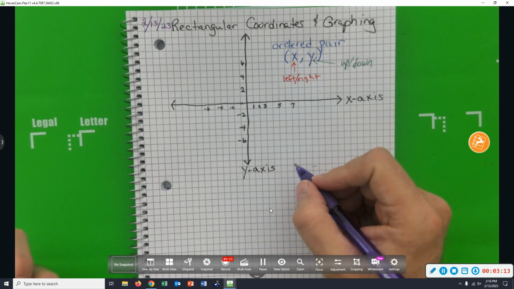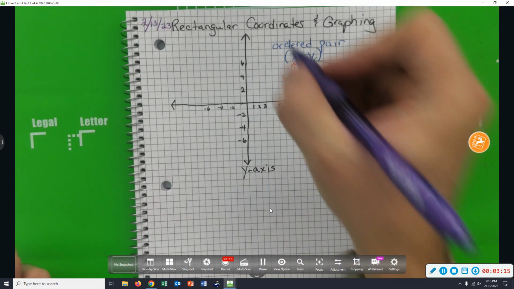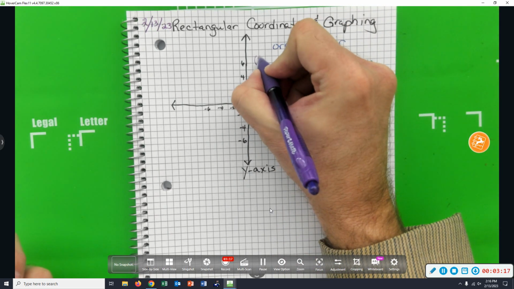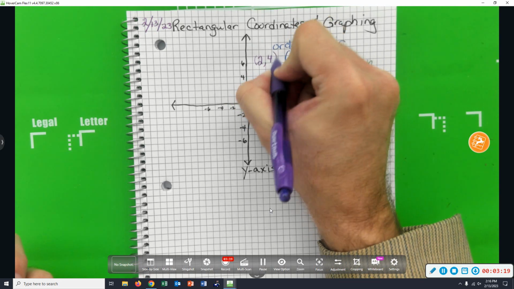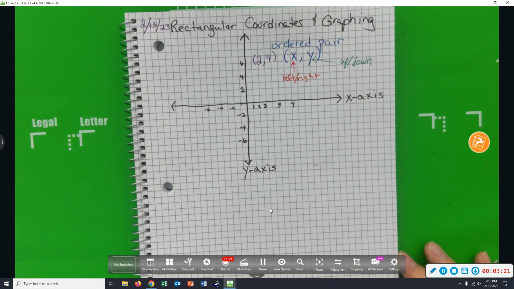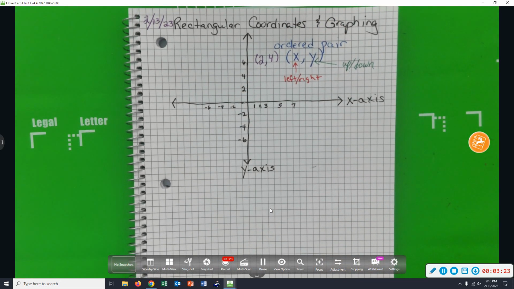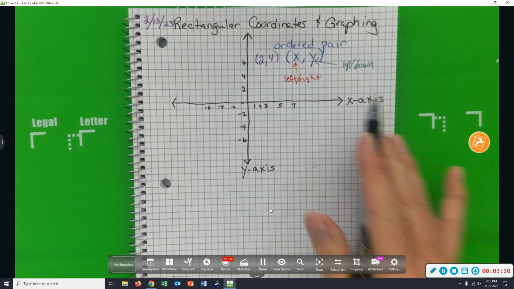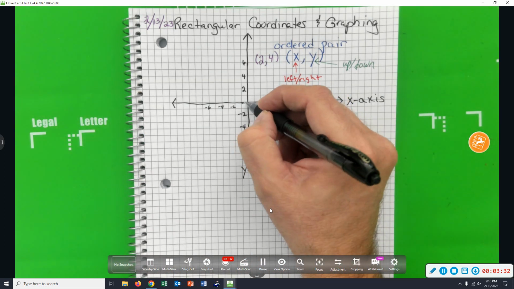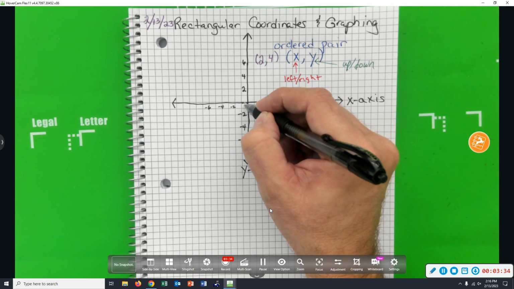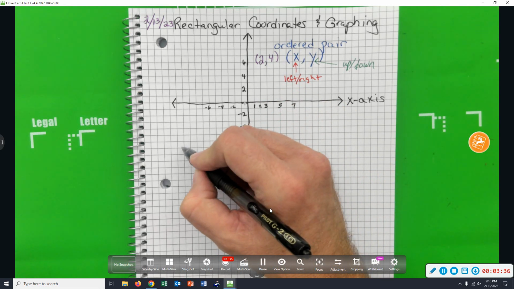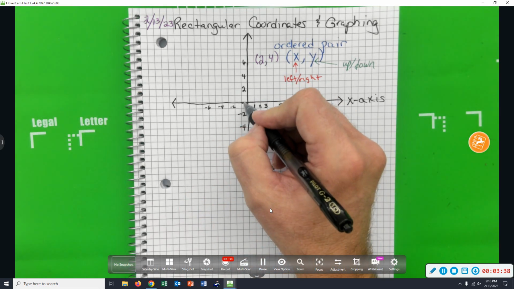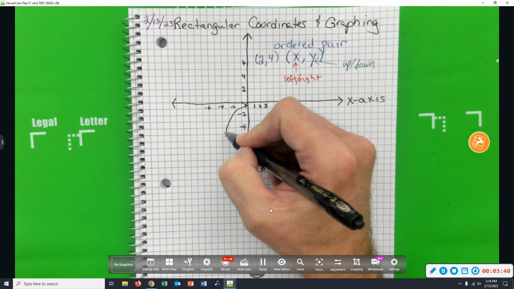And if I wanted to plot the point (2, 4), I'm going to plot it in purple ink. In order to locate this point on our rectangular coordinate system, we start here at the intersection where the zeros are. And I'm going to go ahead and give the name to that point right there.